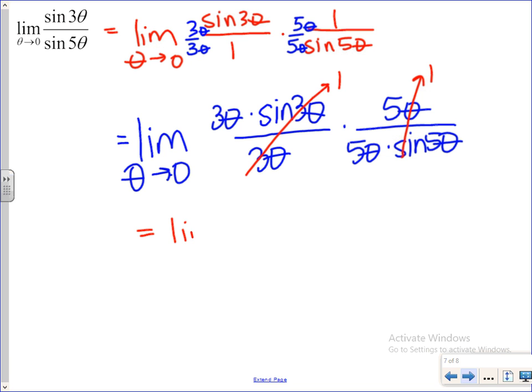So what we're left with is the limit as theta approaches 0 of 3 theta times 1 over 5 theta times 1. It is still 0 over 0, but what can we do algebraically there to help us out?